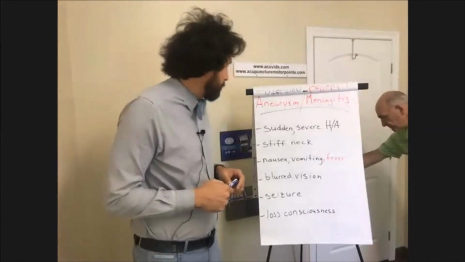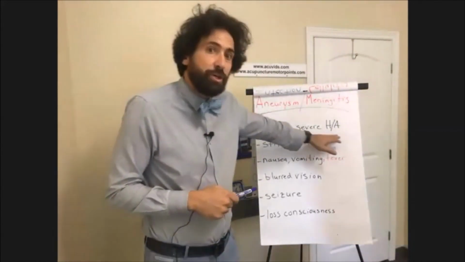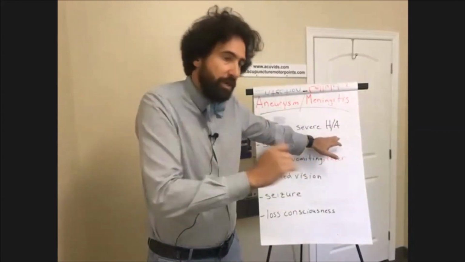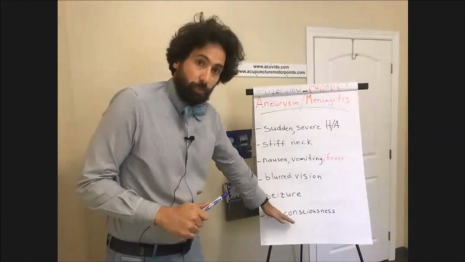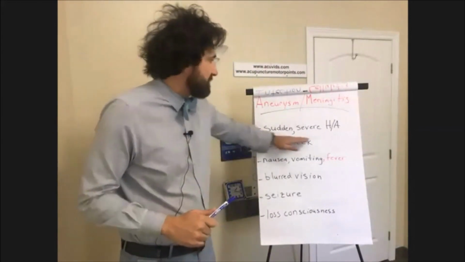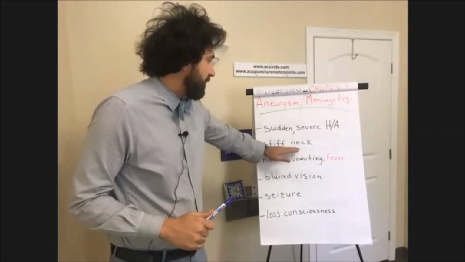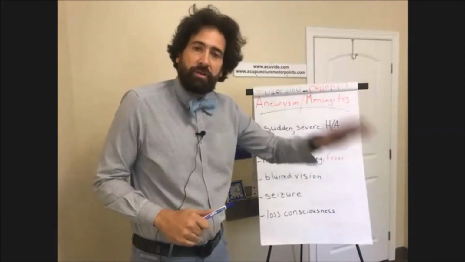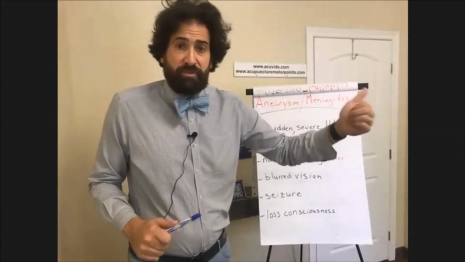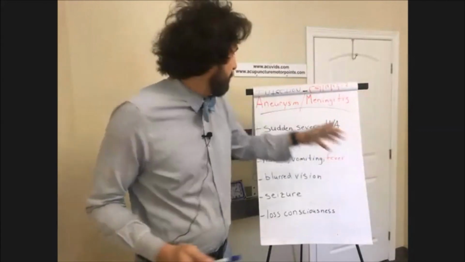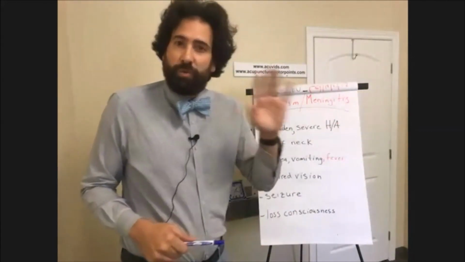Both can present with sudden or severe headache, stiff neck. Now, there's other ones here we're going to get to, but if someone walks in with a sudden severe headache and a stiff neck, whether or not they have a fever, refer out. Because they're the top 2 symptoms of either one of these conditions, refer out.